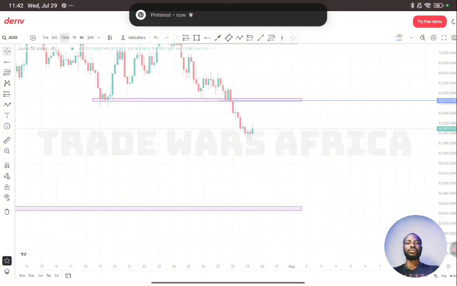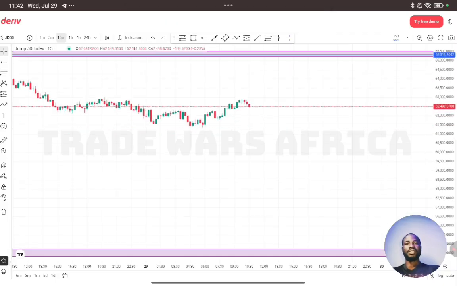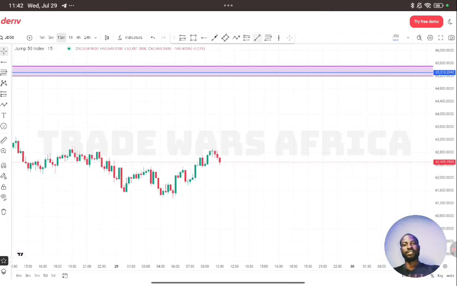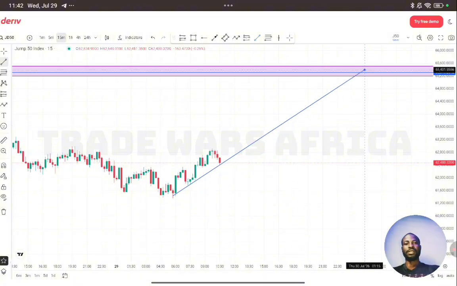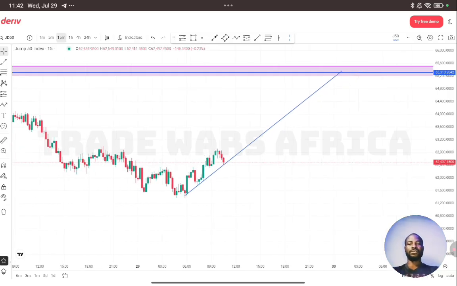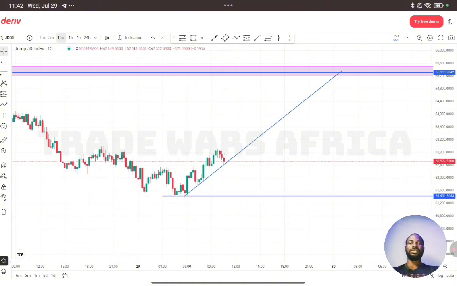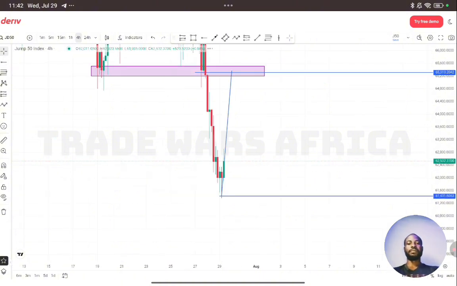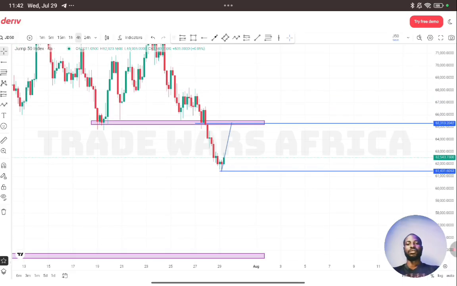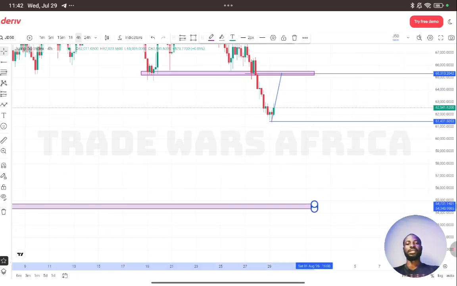I can draw that, it will look like this, then a break of this trend line. Then I'm good. Then our first TP is going to be here, then our second TP is going to roll down to this point. But this is our final.